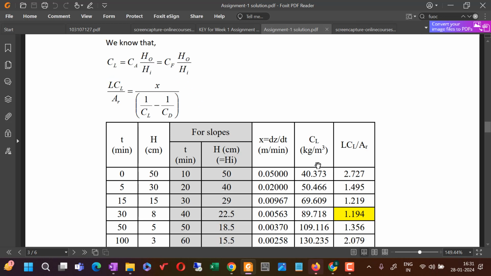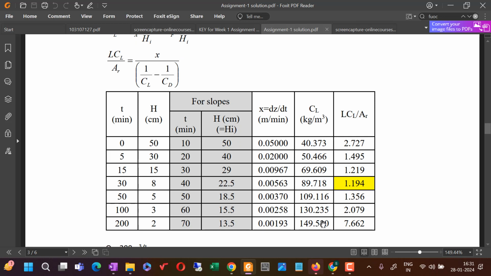CL is calculated like this, and this is exactly the same as the example that was discussed in the class. And so LCL by AR is calculated. Here LCL by AR has the minimum value of 1.194.